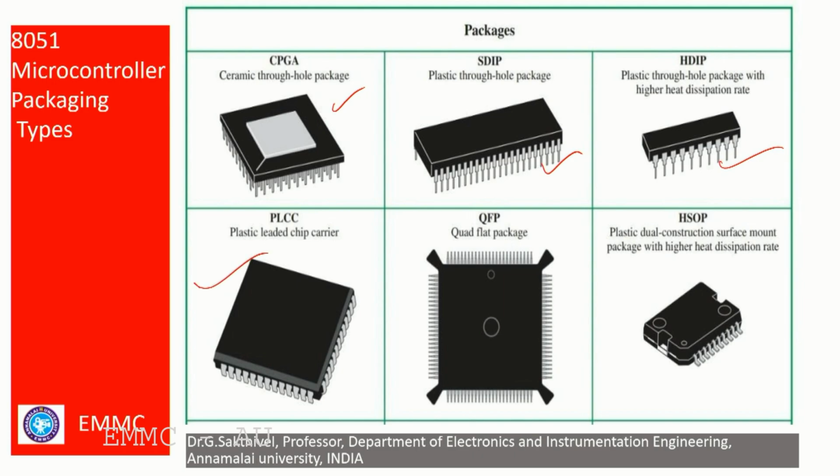This is PLCC, plastic leaded chip carrier. Next one is QFP, quad flat package. Then HSOP, plastic dual in-line surface package with higher dissipation rate. These are all the various packages of the 8051 family. The same 8051 microcontroller comes in different packages.